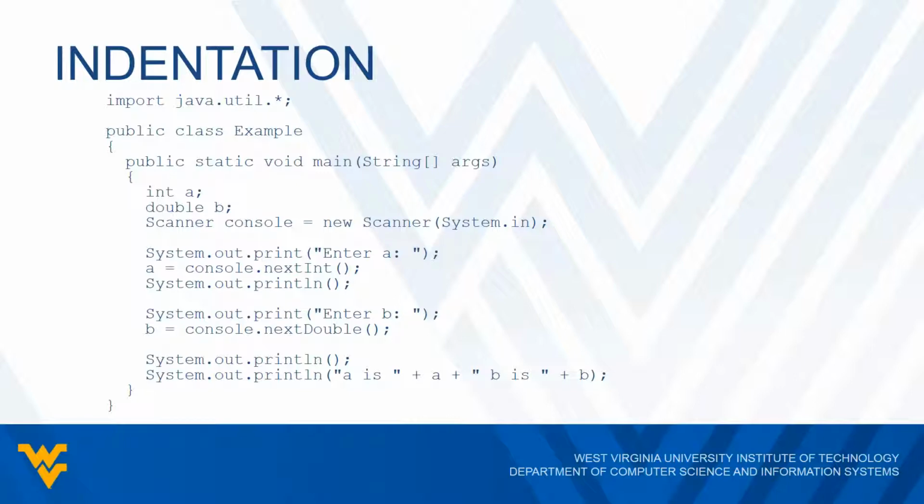So here in this section, I have my declaration statements. This part takes care of inputting the stuff for A. So I asked the user to enter A. I use a nextInt statement. And then this part takes care of inputting B. And then this part takes care of my output. So this is a much nicer, much more neatly organized way of writing the code.